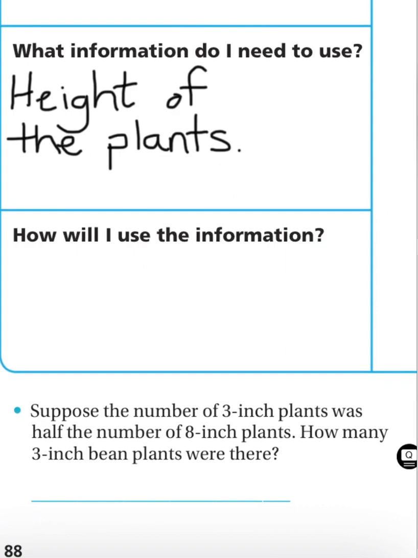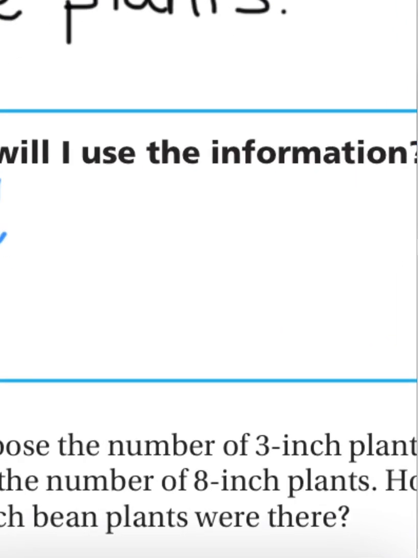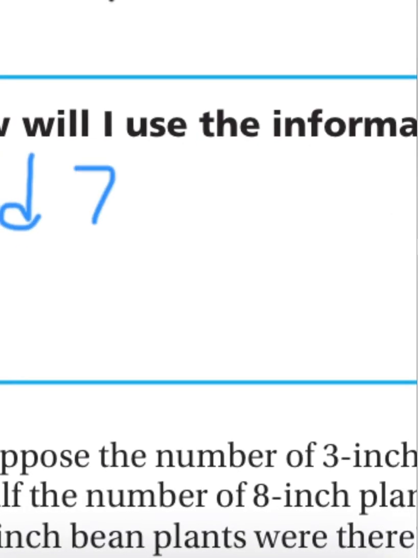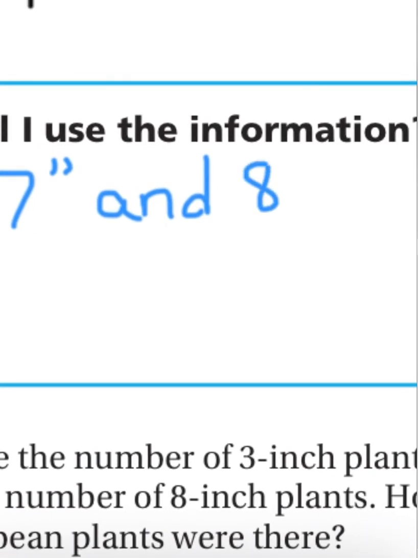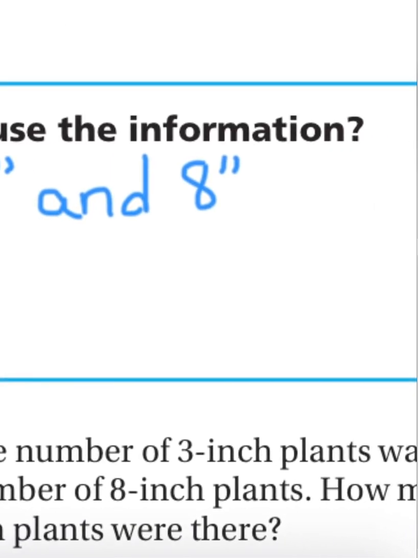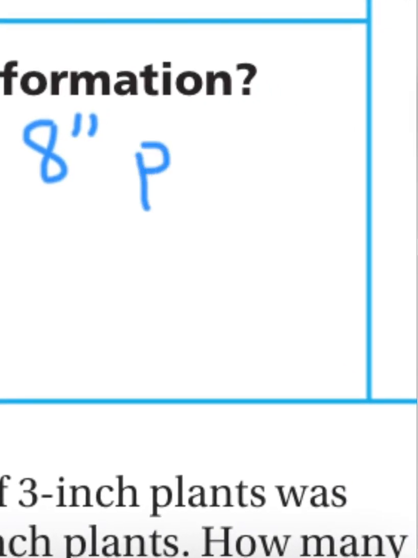So how will I use this information? We need to add 7-inch and 8-inch. Here's the mark for inch. If I only did one of those marks, that would mean feet. If I do 2, that means inches. So we're adding 7 and 8-inch plants. That's the first thing we need to do.